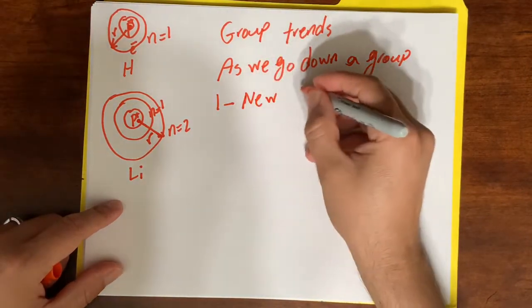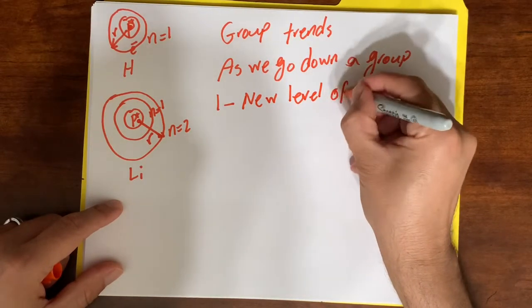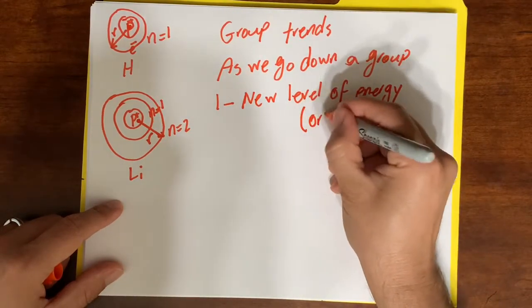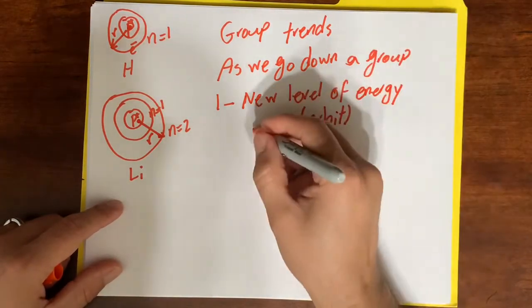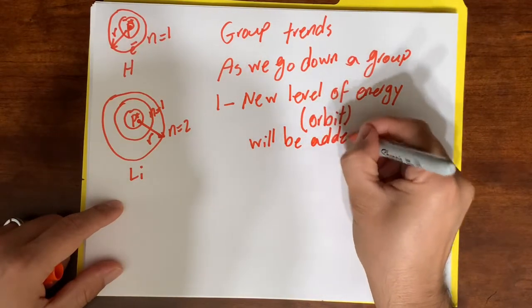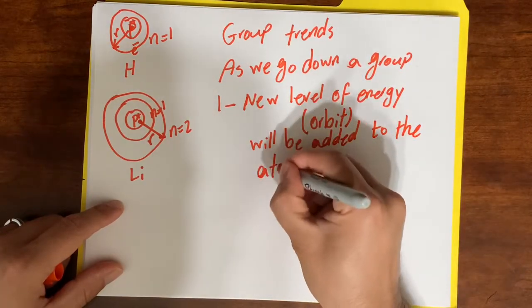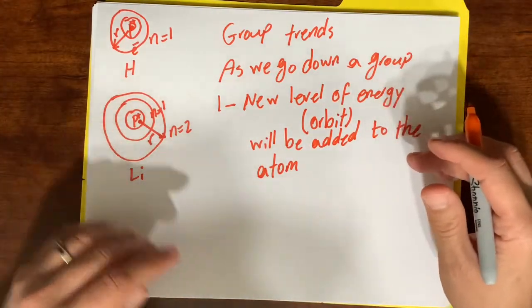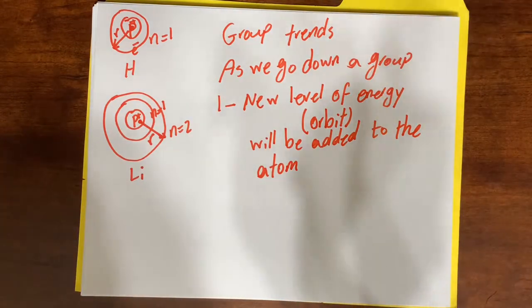A new level of energy or orbit will be added to the atom. Okay, so we are getting more layers, and because we are getting more layers, size will be bigger.